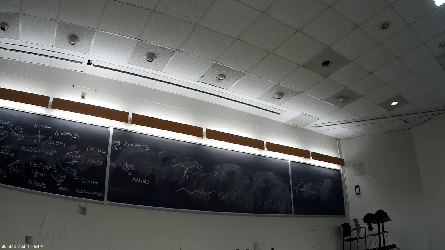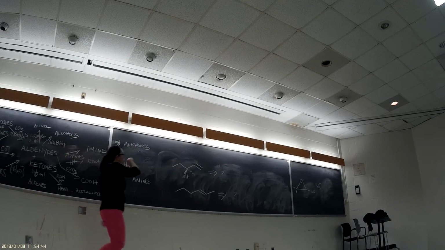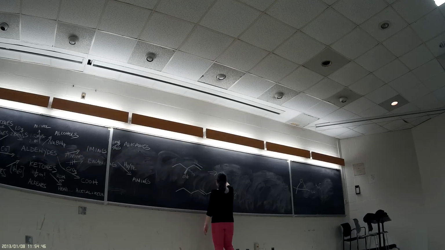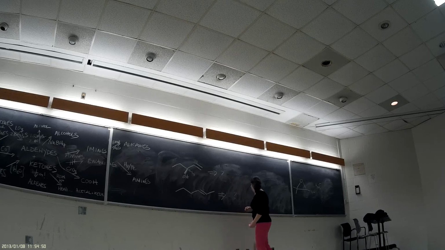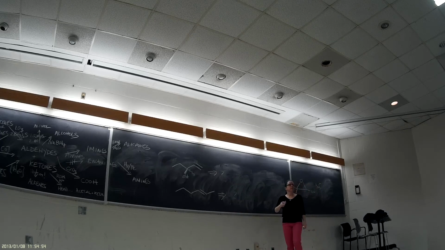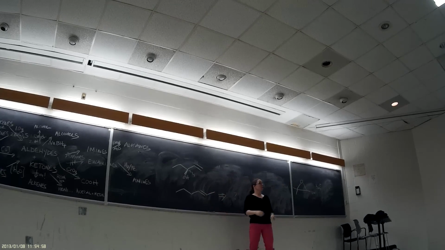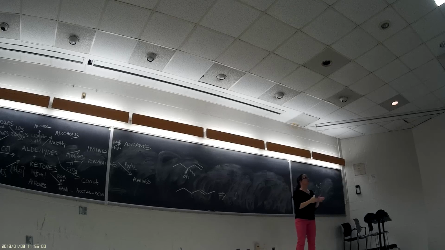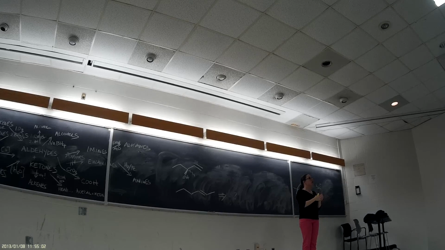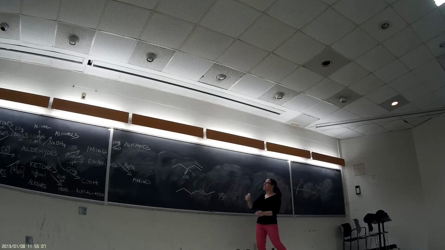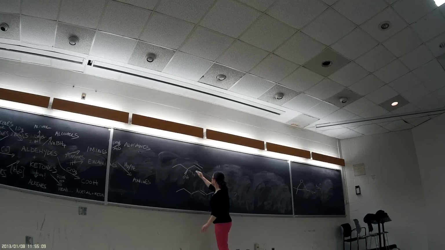So when I think backwards, the carbon the OH is attached to, that was once my carbonyl carbon. So in essence, I can think of it as this was a new bond that formed, right?